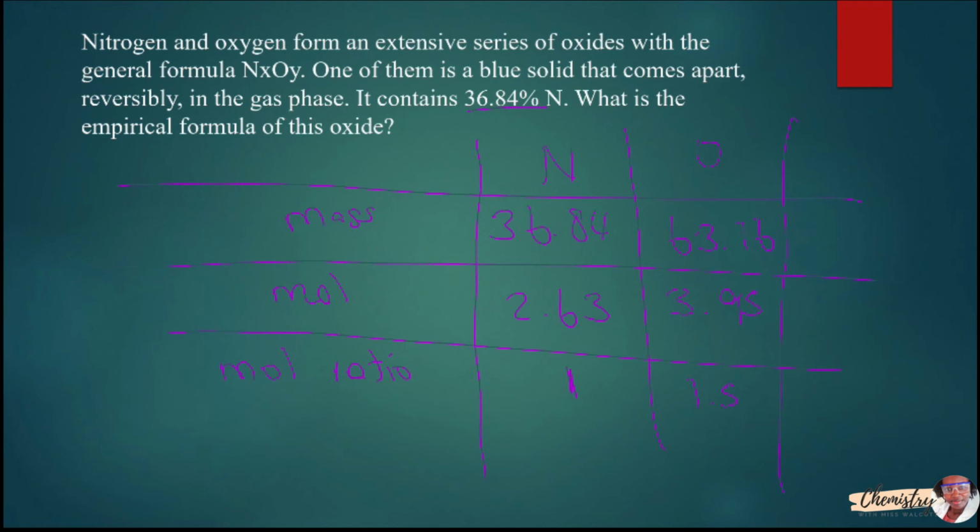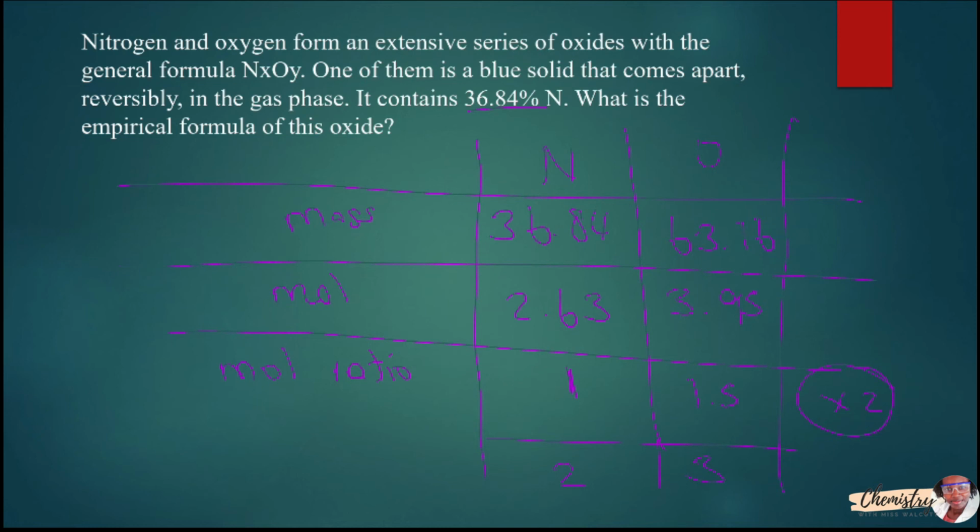How you correct that is you'll have to multiply by a number to get a whole number. And we know that 0.5 times 2 would give us 1. So we'll multiply both numbers by 2 and we'll get 2 times 1, 2 times 1.5 is 3.